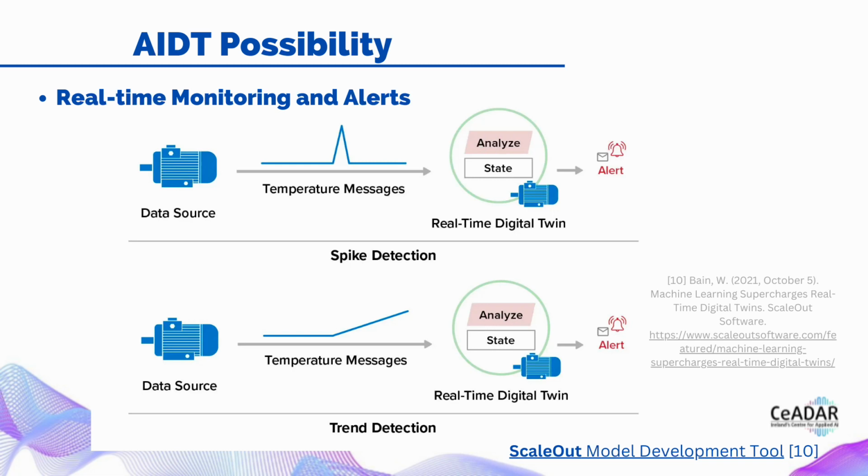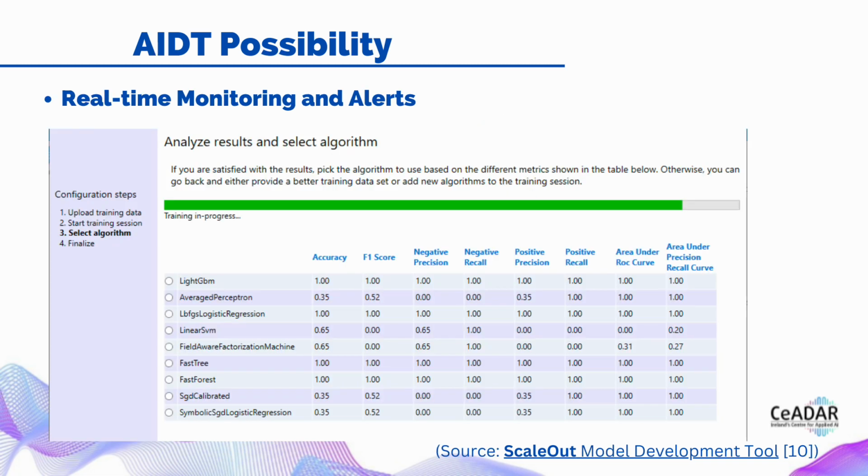The front-end can provide real-time monitoring of the data stream and generate alerts or notifications when predetermined thresholds or anomalies are detected. Like this figure, this is a real-time digital twin instance being created to track telemetry data for that model using machine learning algorithm.